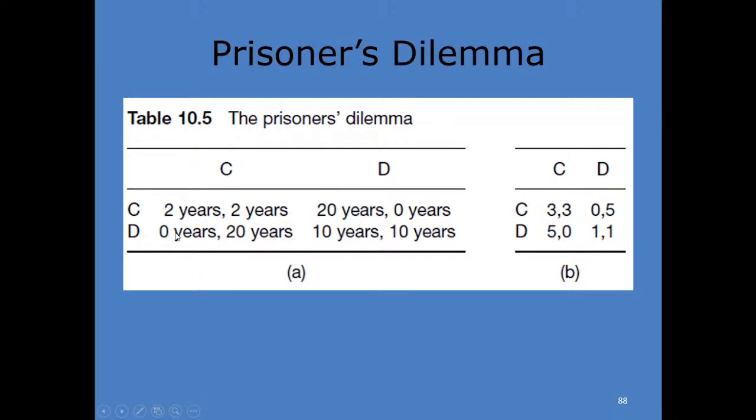But you see, you need to look at your payoff, and cooperation is always dominated, right? Because here a lower number is better. So you say, well, 2 years is not so bad, but I could do even better and get out of jail right away. And then both of them think this way, both of them defect, and both of them end up in jail for 10 years.